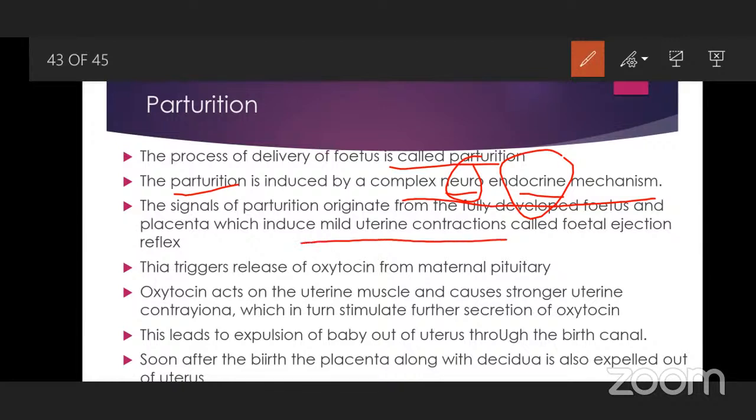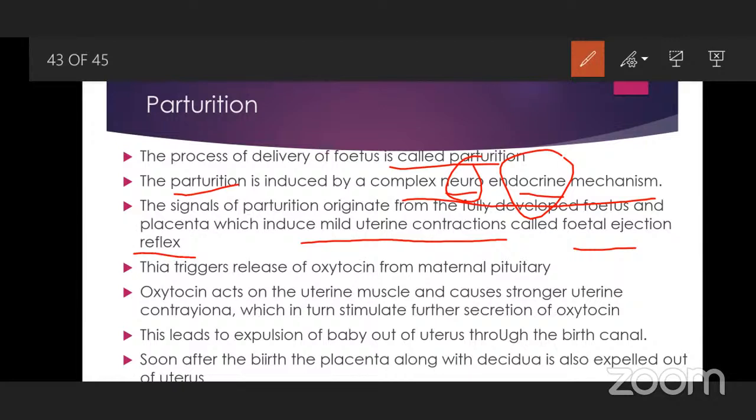As we know, the uterus is made up of muscles. Smooth muscles are there. That is, the myometrium of the uterus is made up of smooth muscles, and these smooth muscles will start contraction. So mild contraction of the uterus will be started, which is known as fetal ejection reflex.